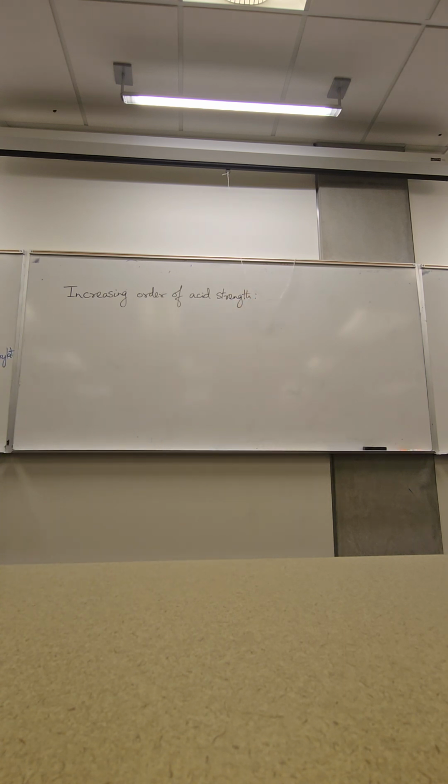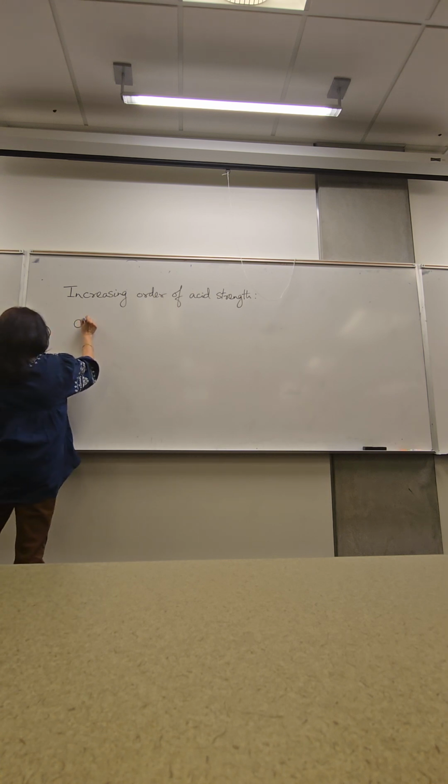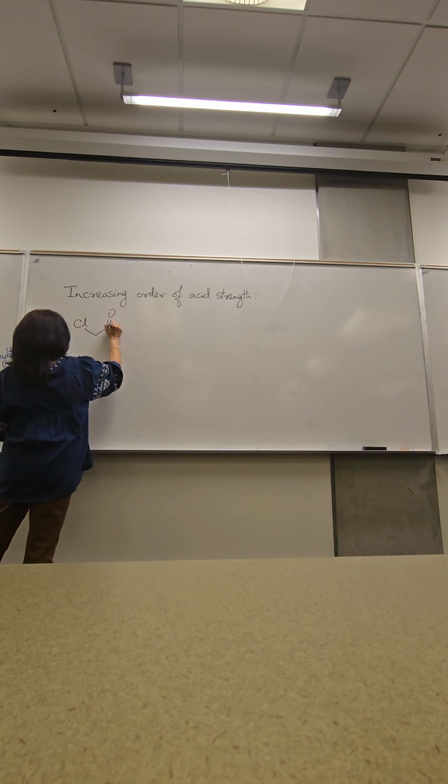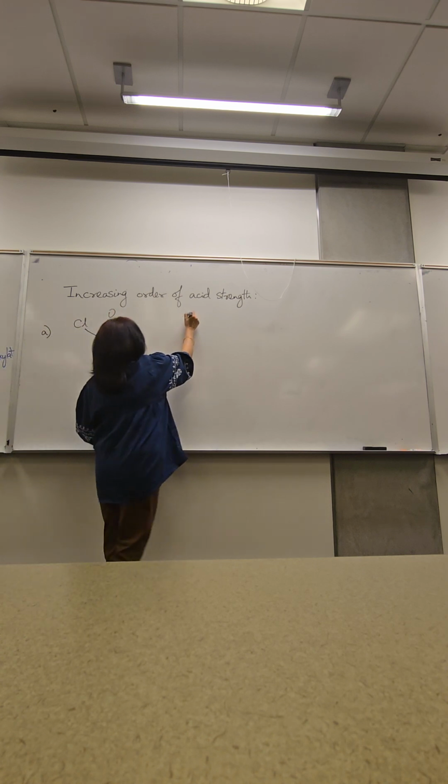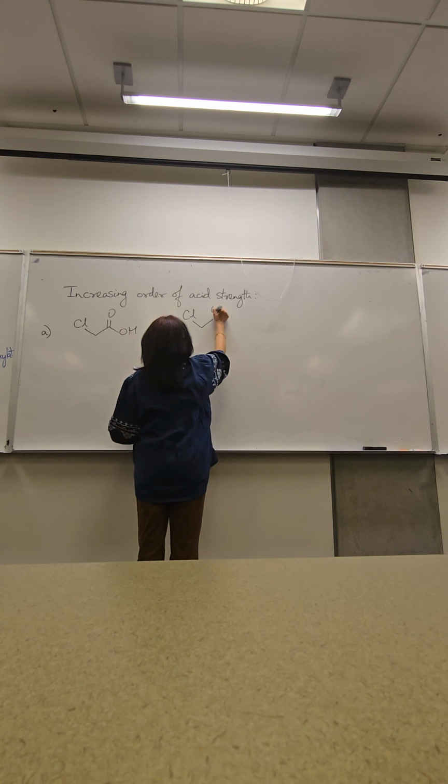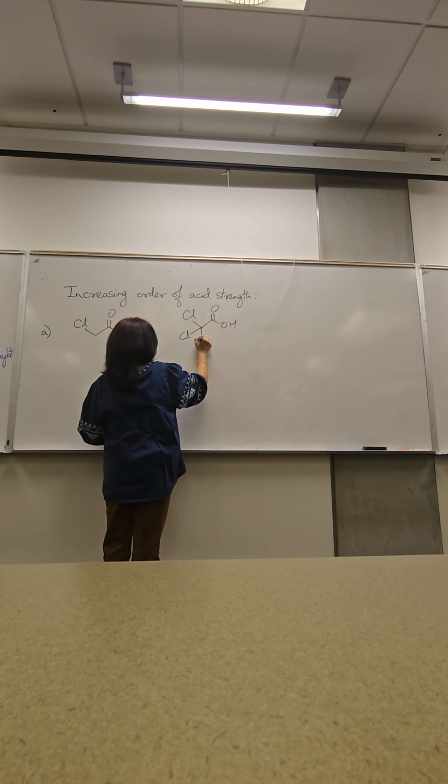The more stable conjugate base comes from the stronger acid. These are all carboxylic acids, but we need to arrange them in increasing order of acidity.